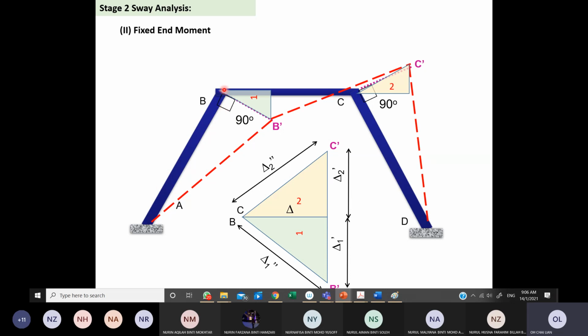For example, AB, this dotted line is the deflection shape of AB, meaning all these are the deflections for member AB, but we are looking at the maximum and the perpendicular to the member. Can you tell, in these symbols here, what is the deflection for member AB?